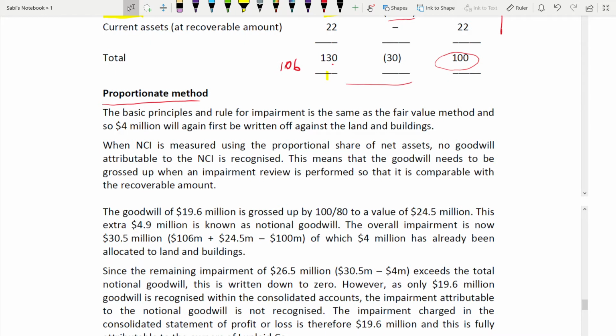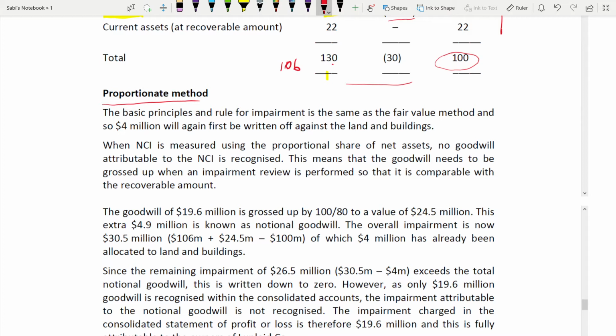So if you see here, the basic principle: if two methods are similar, write it so that this avoids duplication, writing the same thing twice. Okay, don't do it. When there are two things you have to repeat, don't repeat it. Just say whatever is here, it is similar or same as that one, like how they have written here.